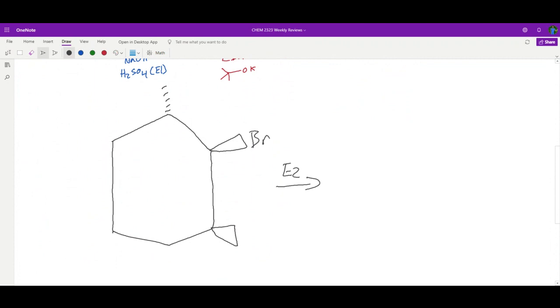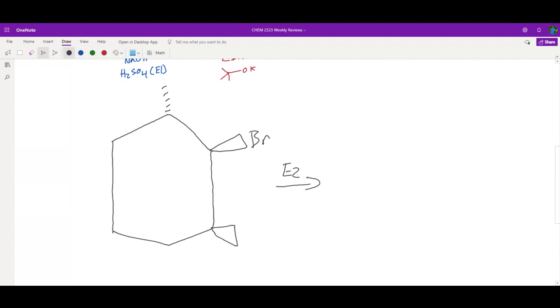Okay. Because sometimes they will tell you to go one mechanism instead of you trying to figure out if it's SN1, SN2. They'll just tell you, we want this reaction to follow through E2 conditions. How will the product look like?